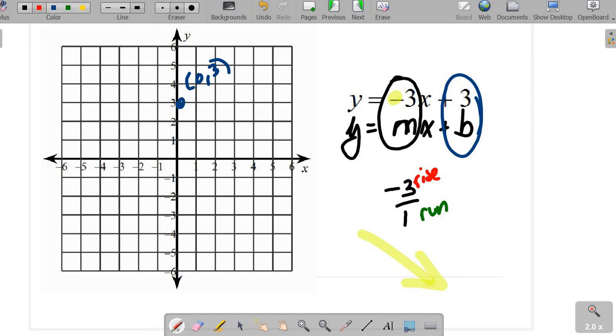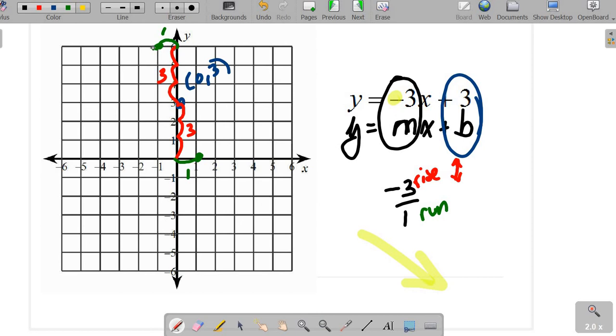So for my rise, I can go up 3, rise, left 1, or down 3, over 1. The word rise technically means just vertical, so you can go up or down.